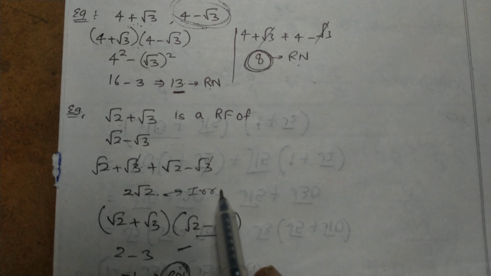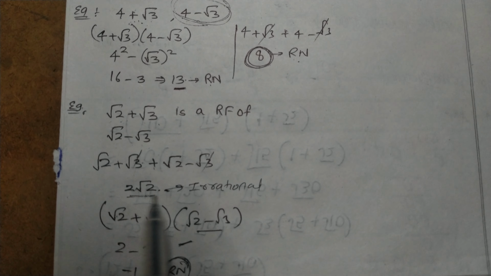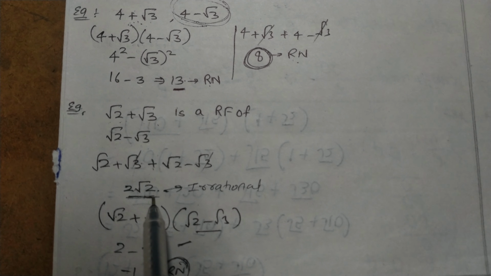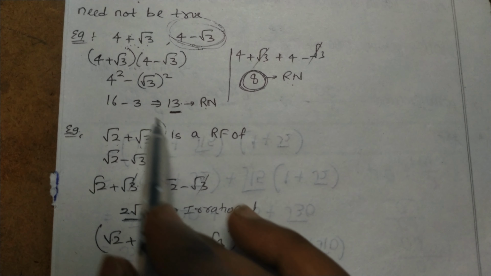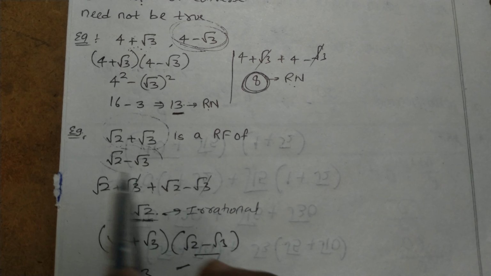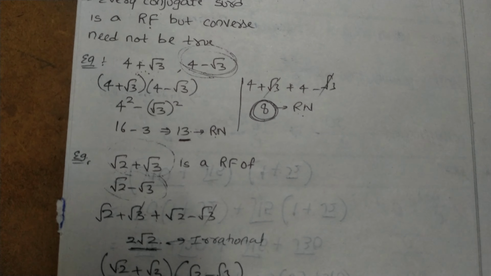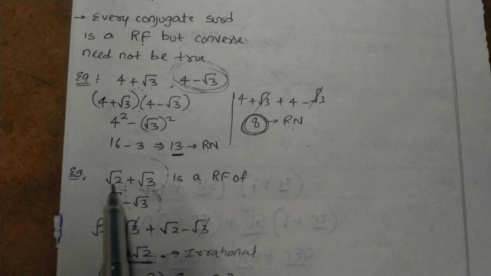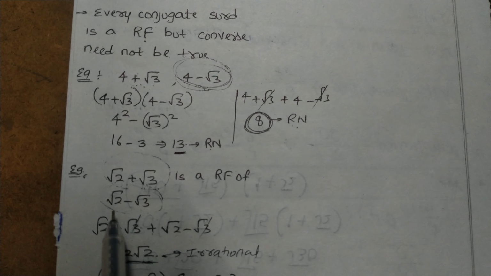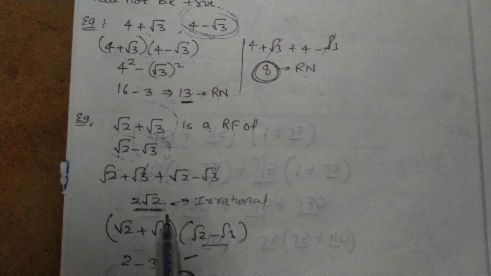If you are not getting a rational number here, then how can you say that root 2 minus root 3 is a conjugate of root 2 plus root 3? No, right? So that's why root 2 plus root 3 is not a conjugate of root 2 minus root 3, because we are getting an irrational number here.